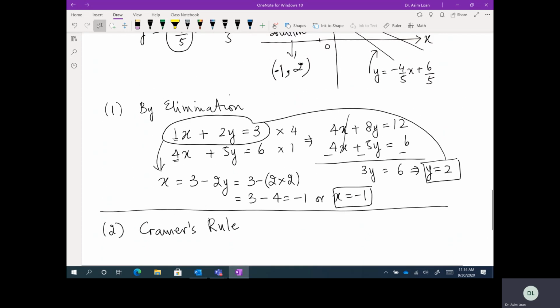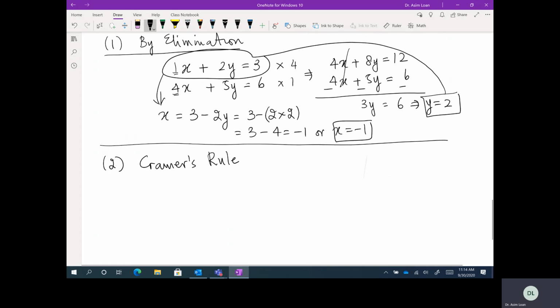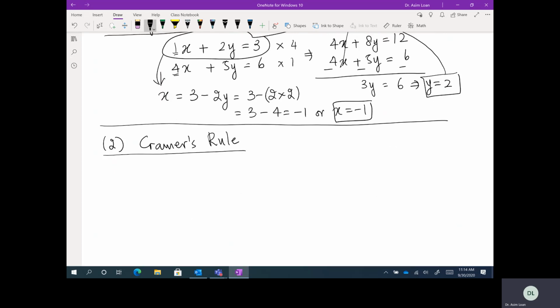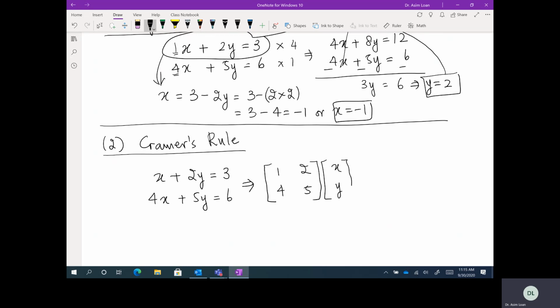For Cramer's rule, I hope you know this from your high school. x plus 2y equals 3 and 4x plus 5y equals 6 can be written in matrix form like this: 1, 2, 4, 5, times x, y, equals 3, 6. So this is our equation.